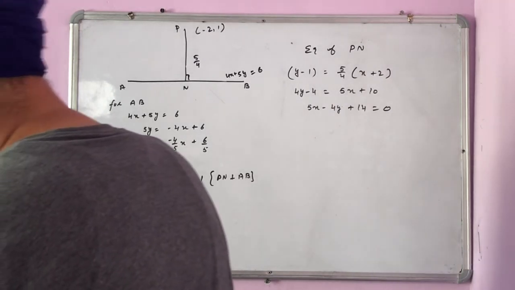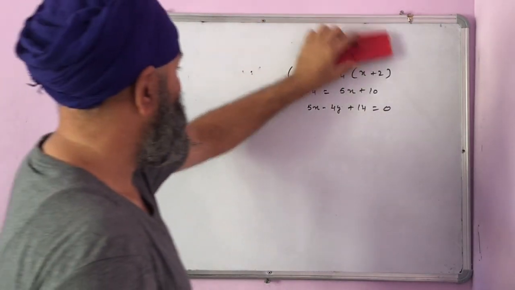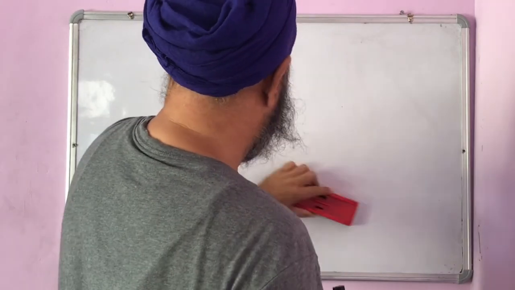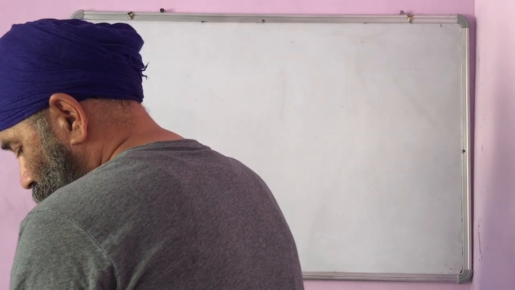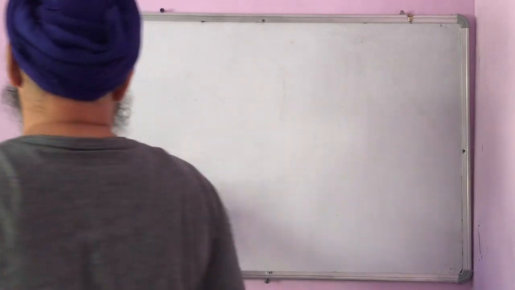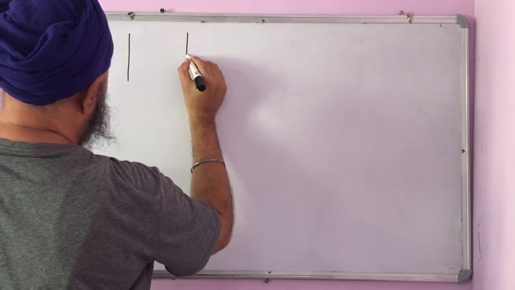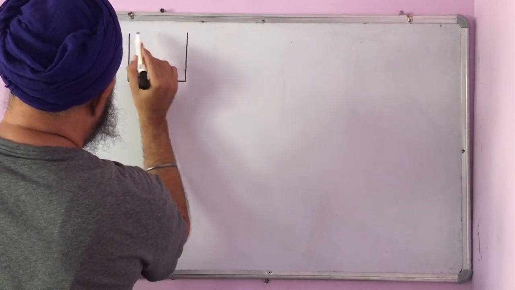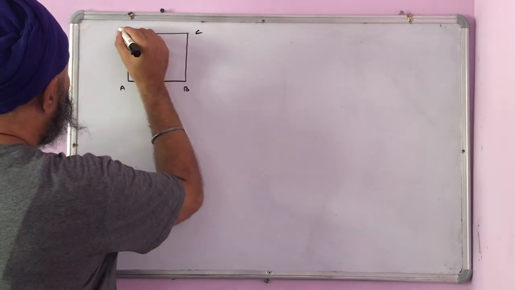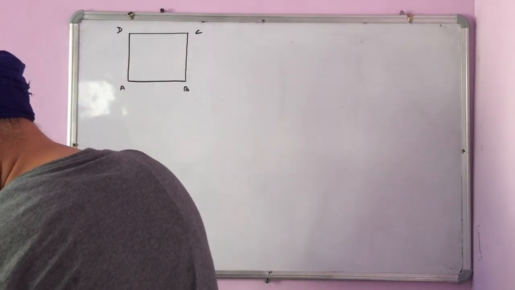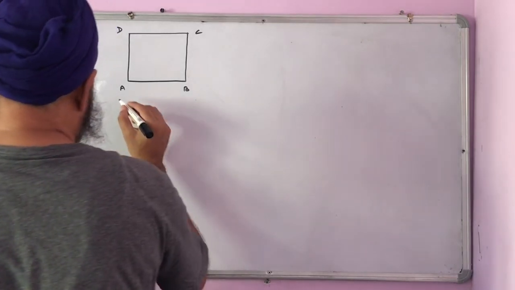Then question number 18. A and C are the vertices of rhombus A, B, C, D. A is 7, minus 2.